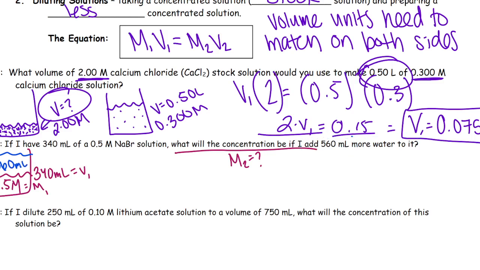It doesn't say that you are adding it until you reach 560 milliliters, so that's not your new volume. That is just added to your initial volume. So your V2 is going to equal whatever 340, which is this, plus 560 equals. So 340 plus 560 equals what?